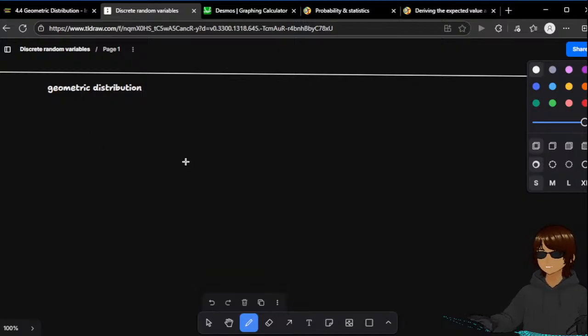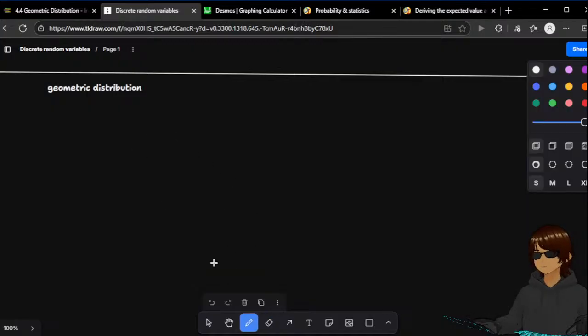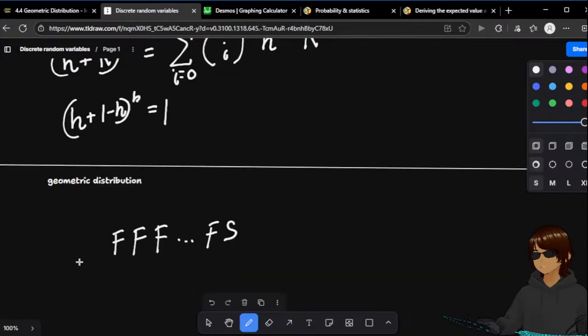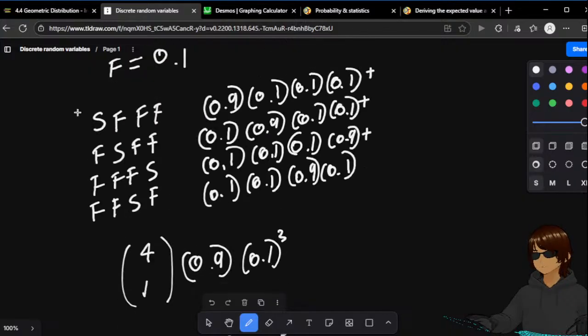The geometric distribution is like fail, fail, fail, and then success. In a binomial distribution, we have a fixed n value, and we want the number of ways to get a particular number of successes within those fixed n trials.